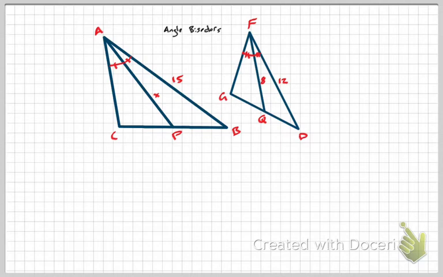Same concept: x, the angle bisector, corresponds to the 8, the angle bisector in the other diagram, and the 15 corresponds to the 12. Cross multiply them: 15 times 8 is 120, so our missing value for x is 10. Pretty straightforward, right? We've covered altitudes, medians, and angle bisectors.